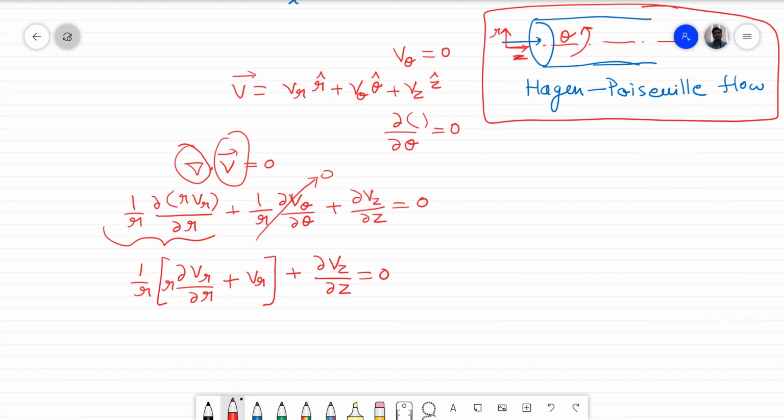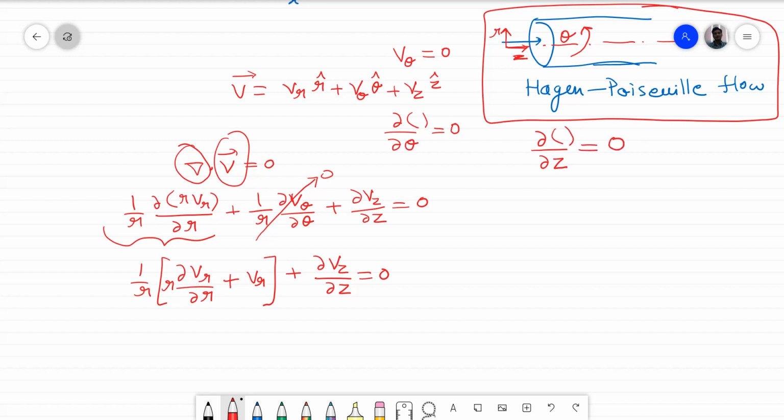Okay, so here also we will assume that it is a fully developed flow, it is a steady flow, the fluid is Newtonian and incompressible. If it is a fully developed flow, that means Vz or any other unknown variable, except pressure, does not change with z.